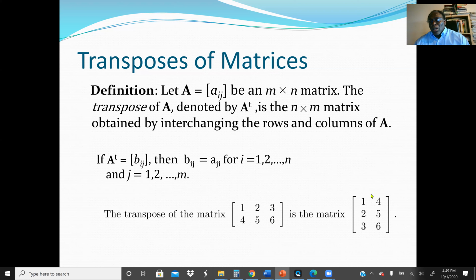So 1, 2, 3 becomes 1, 2, 3, instead of a row, it is a column. 4, 5, 6 becomes 4, 5, 6, this time also a column. The same thing the opposite way, we can change columns to rows. When we are finding a transpose of a matrix, change the columns to rows or change the rows to columns.